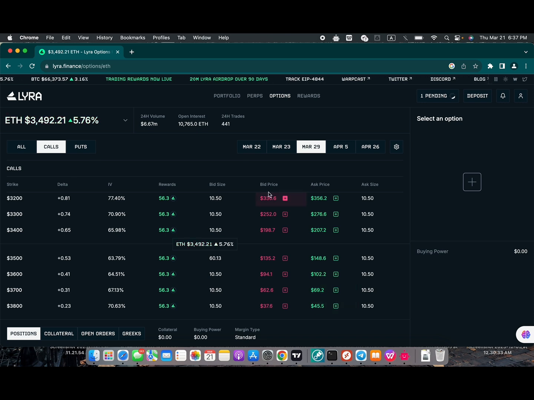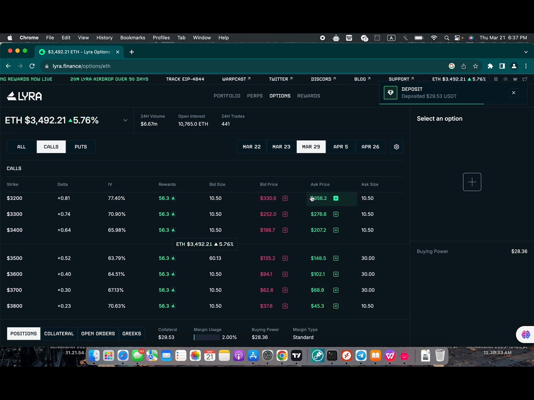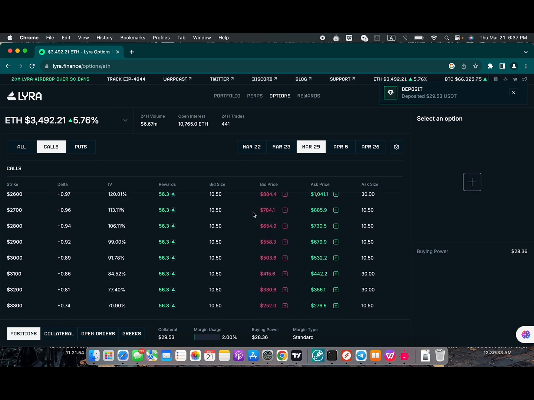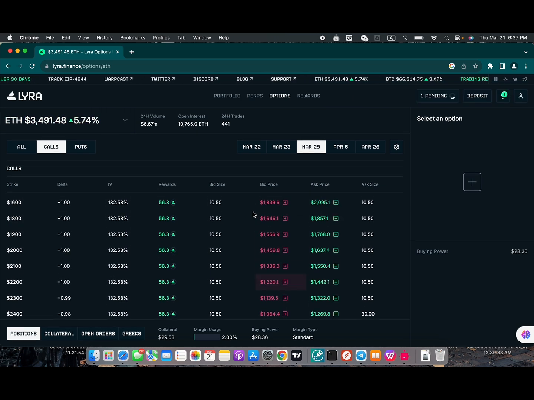You can sell a call option and you can buy a call option. So this is what it means to buy a call option and to sell a call option. This is the strike price we talked about, the price that is your threshold.